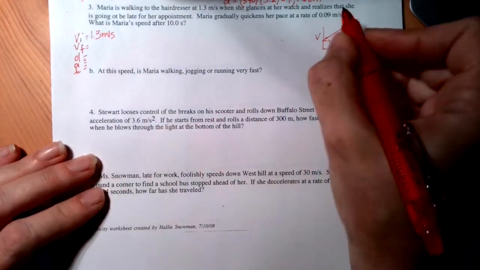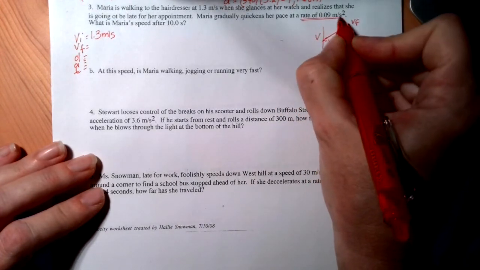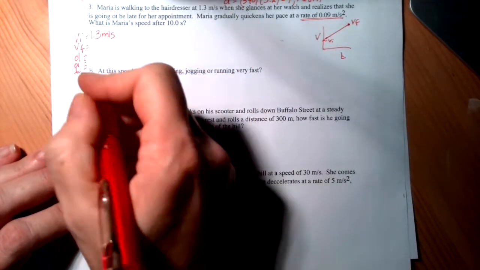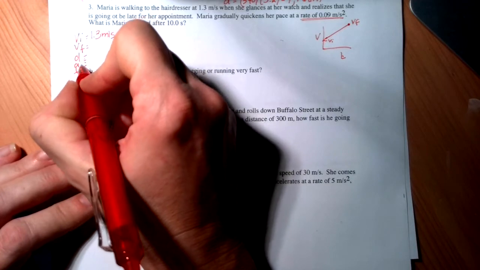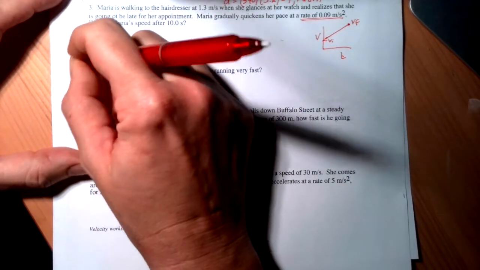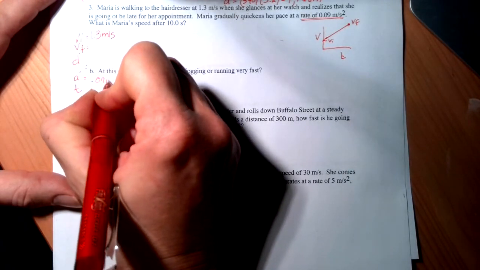She quickens her pace at a rate of 0.09 meters per second squared. This is an acceleration, since acceleration is measured in meters per second squared. It's the A that equals that. I don't quite have enough room here, so I'll put it right here: 0.09 meters per second squared.